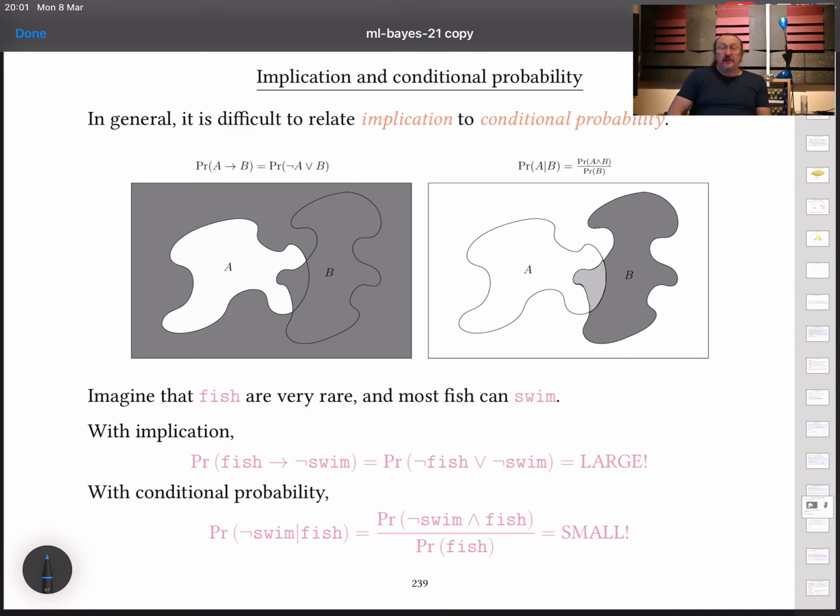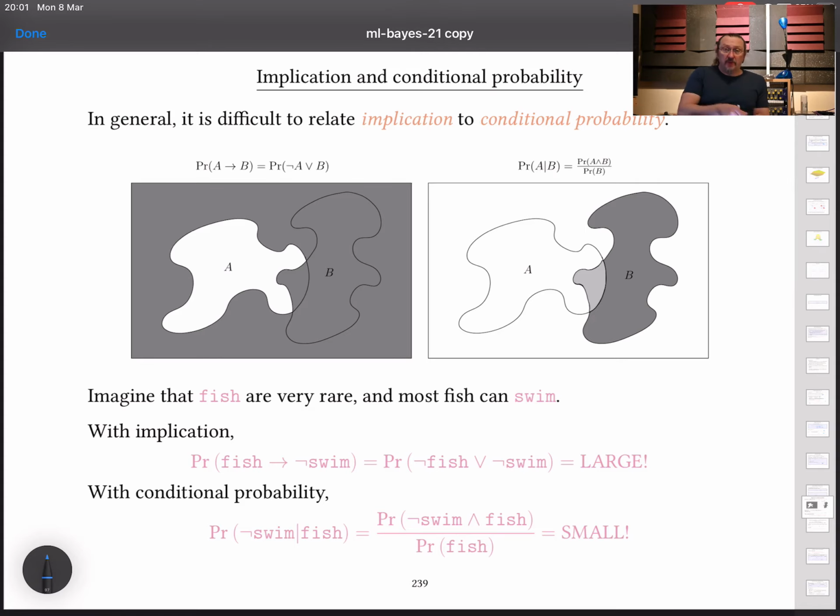Now, if you want to think this through a little bit, imagine that fish are very rare and most fish can swim. With implication, you've got the probability that a fish can't swim is the probability that something's not a fish or it can't swim. If fish are very rare, then the collection of things that aren't a fish is going to be big, and your probability as a consequence will be big as well.